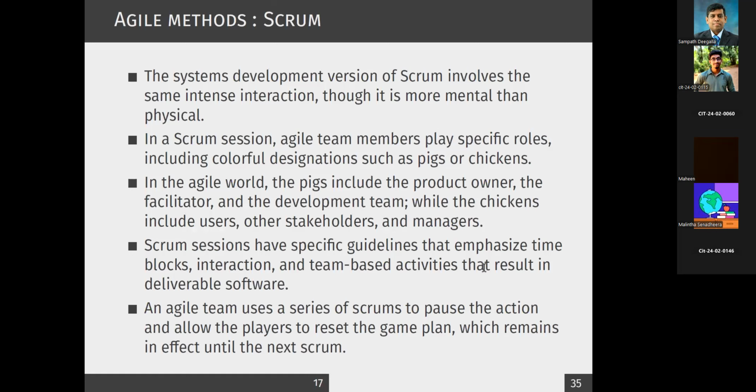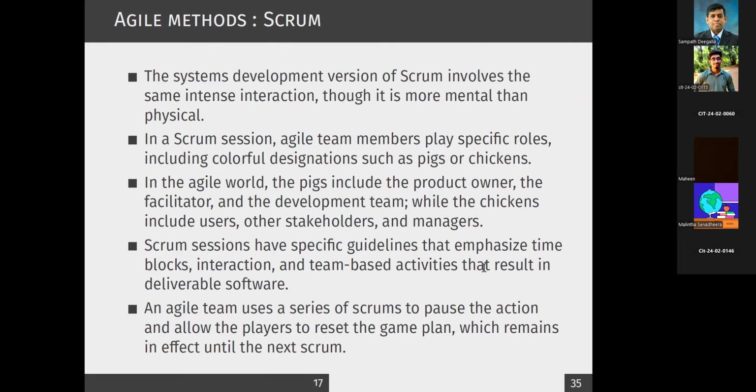Right. Agile method is Scrum. Same as the system development lifecycle, but more mental compared to physical. So in Scrum sessions, as we call them, the team has specific roles. You will have, for example, designations as pigs or chickens. The pigs include the product owner, facilitator, and development team, while the chickens include users, other stakeholders, managers.